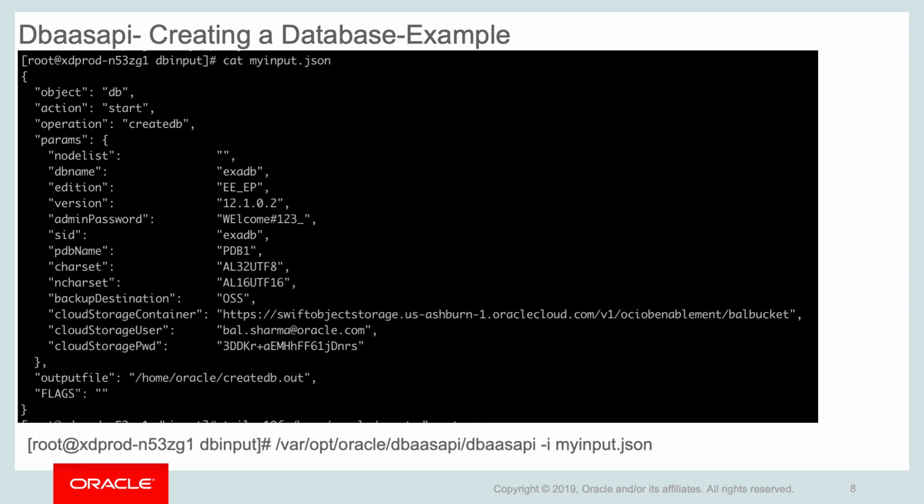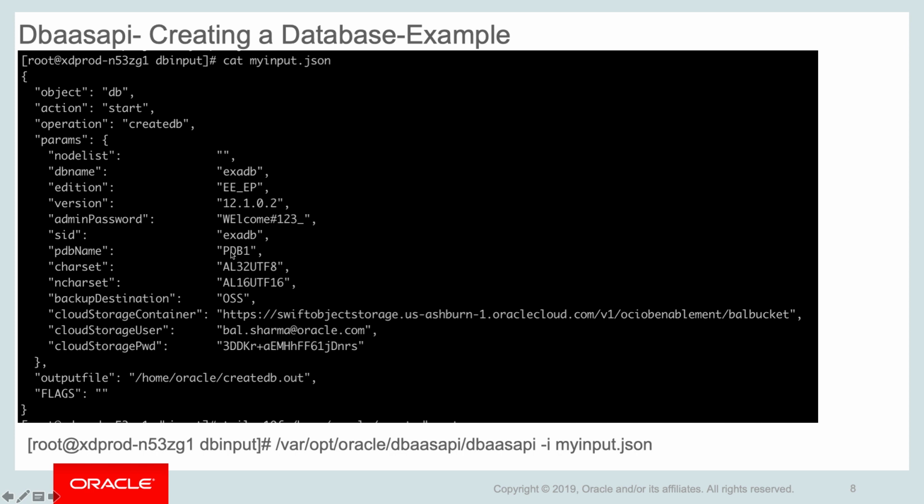The service identifier, the PDB name, is a mandatory parameter on a multitenant container. But if you want to create a non-multitenant database, that is also supported on Exa, and there we will specify that the CDB is not present. We'll cover that example later, but in this example I'm creating just a container database with the PDB name as PDB1.